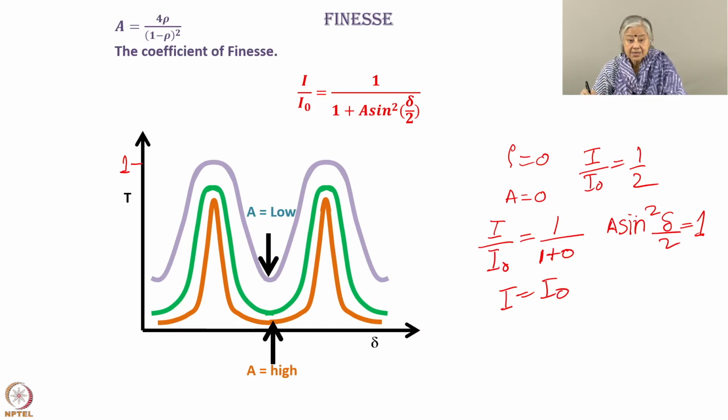So, then I by I0 will become half when this factor becomes 1. That means we will find the transmission to be half, or 0.5, at this level.